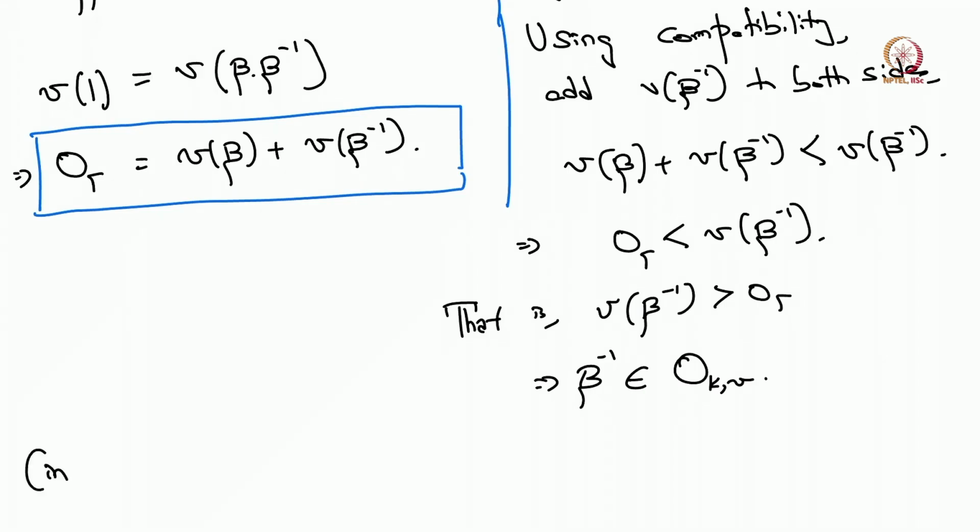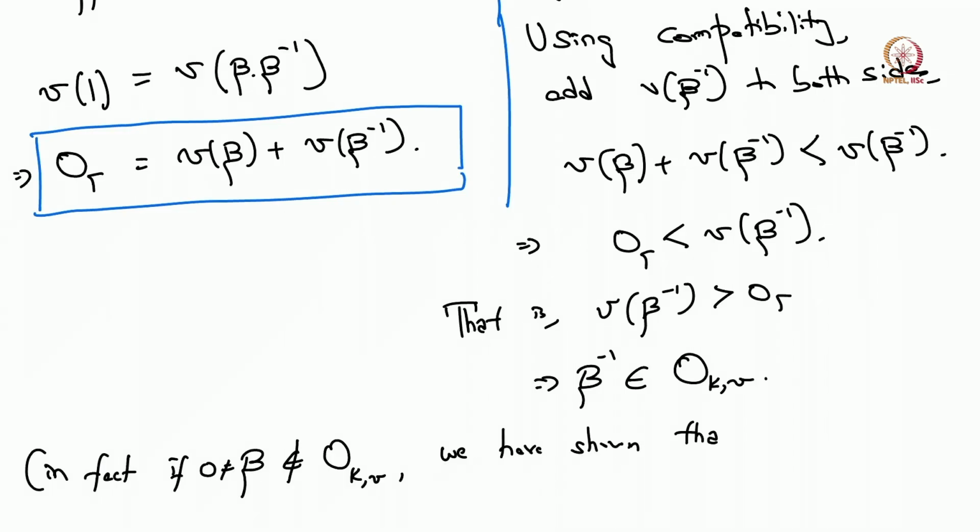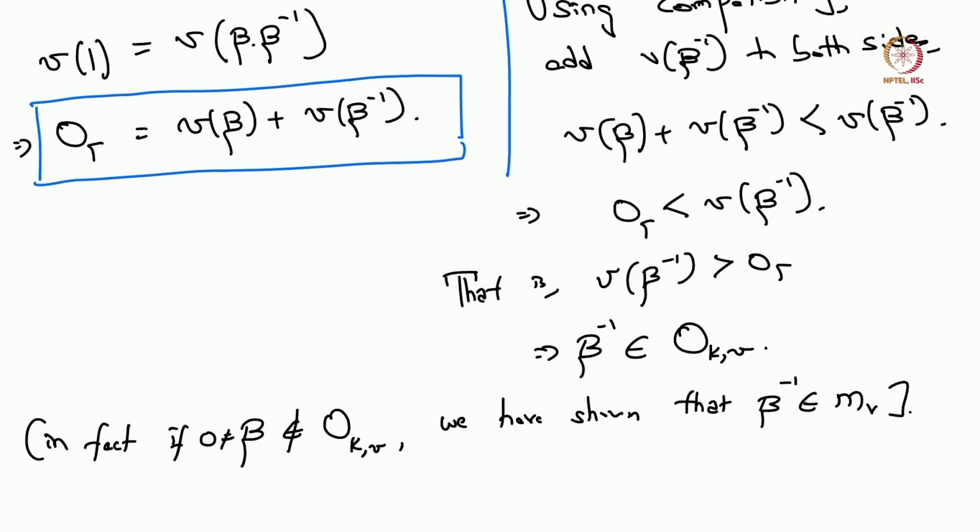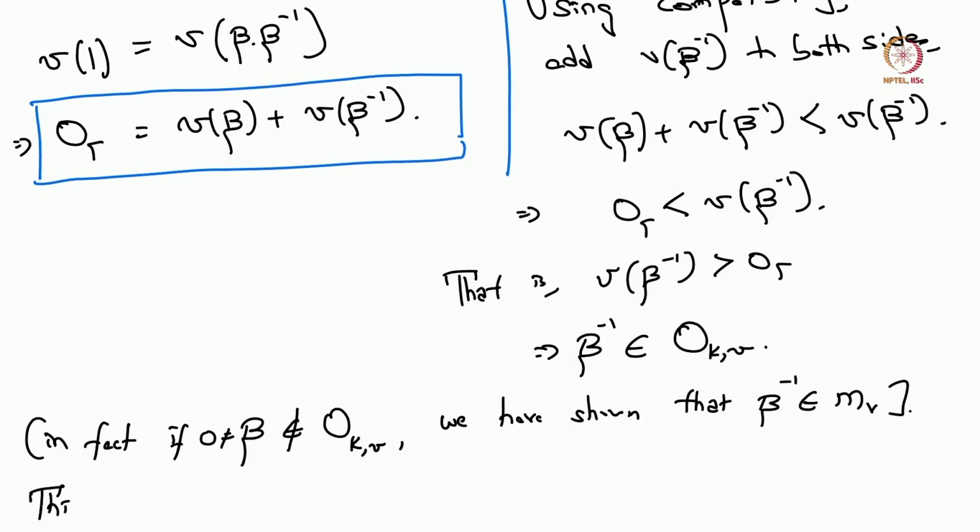So in fact, if beta is not 0 and it doesn't belong to OKV, we've shown that its inverse belongs to MV. Okay, so this completes the proof of the proposition.